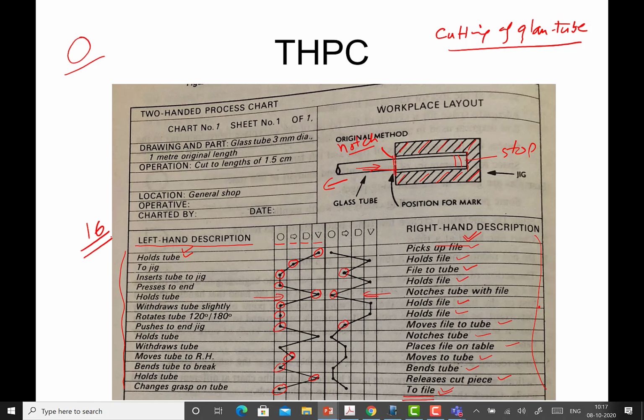Why does the tube have to be taken out of the jig to break it? Why pick up and put down the file at the end of each cycle, each time the tube breaking is needed? Is it not possible to do without dropping the file on the table? So there can be many things which can be asked.